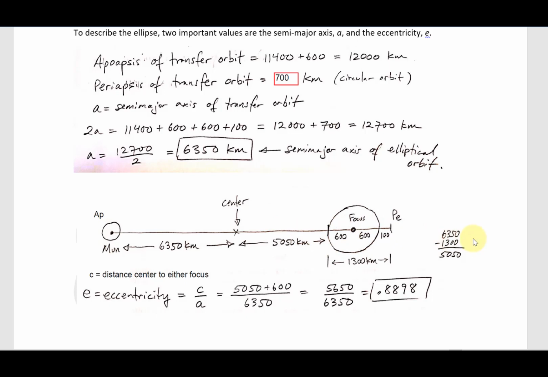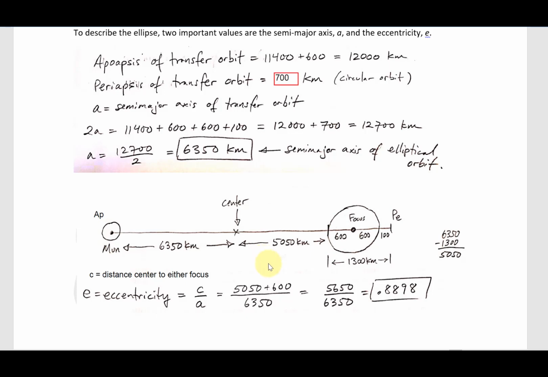So if I take the 6,350 kilometer semi-major axis and subtract the 1,300 kilometers that are already included in this part of the diagram, that leaves me with 5,050 kilometers that I know would cover the distance from the center of the orbit to the surface of the planet on this inside surface.